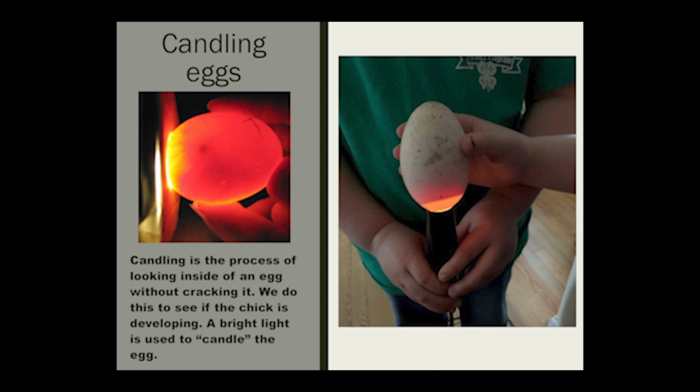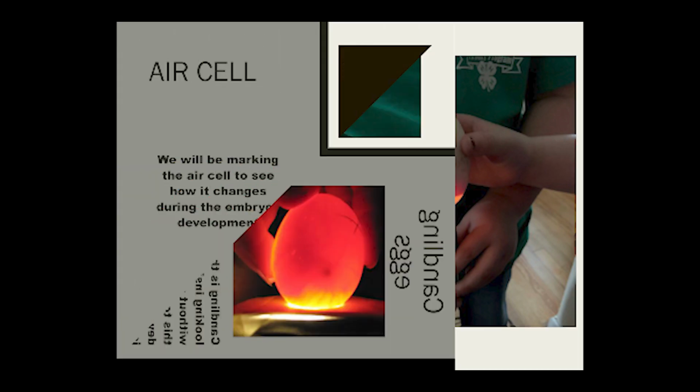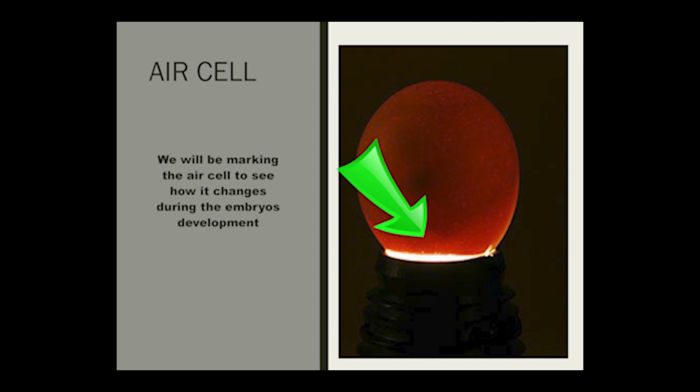Remember, we shine the light right through the air pocket and into the egg. We'll catch up with Riley and Frank later to see what our candling looks like in real time. So remember our air cell. We will be marking our air cells to see how they change during our embryo's development.